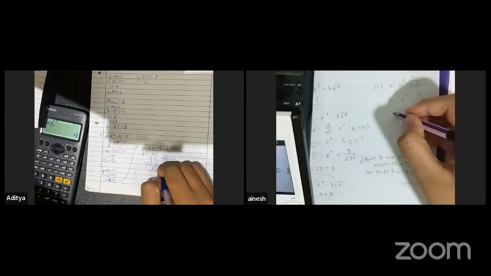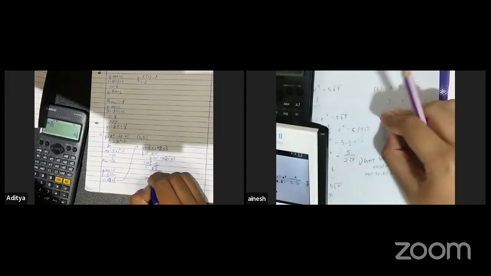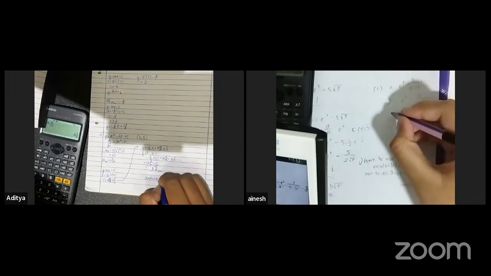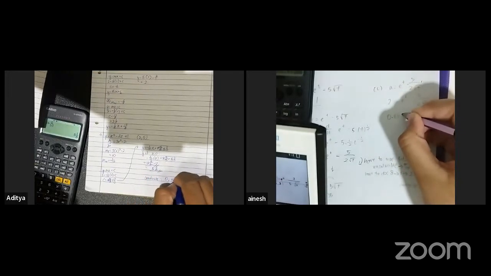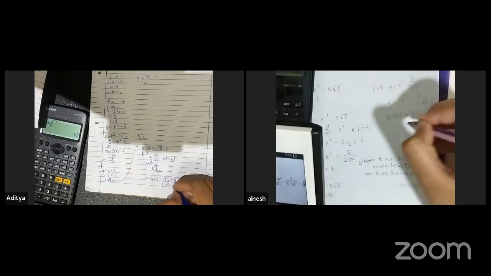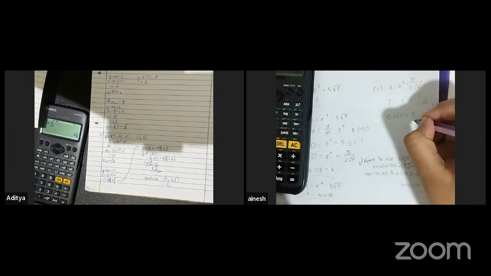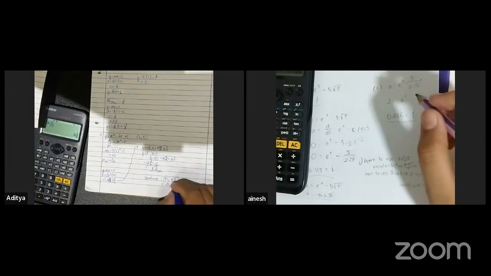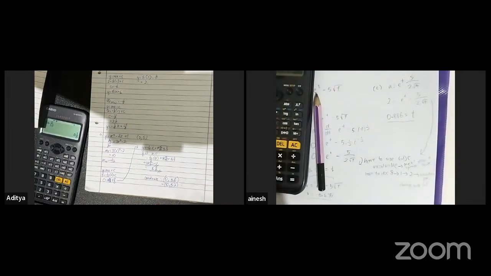Just copy. Let's try to finish this before tuition ends. Oh, you found your mistake again? Thank goodness you can find your mistake. It's a very important skill.